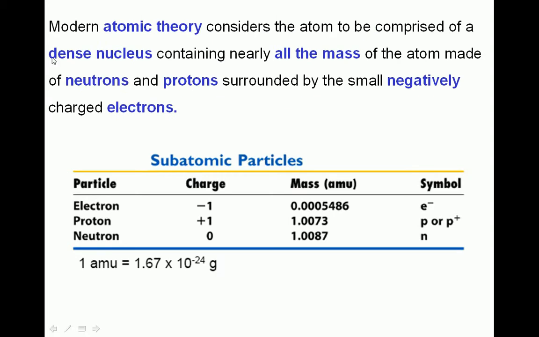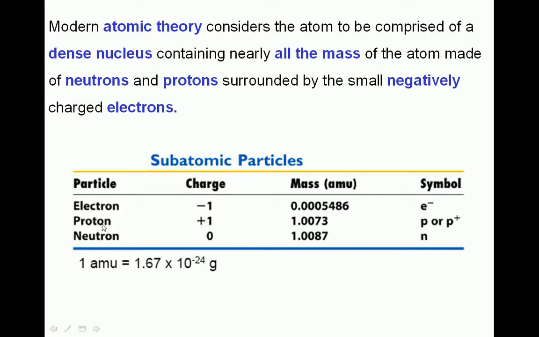However, where modern theory does differ from Dalton's ideas is that modern theory considers the atom to be comprised of two key parts: a dense nucleus, which contains nearly all of the mass of the atom, and that mass is in the form of two particles, neutrons and protons. And then at great distance from this nucleus are small negatively charged particles that have very little mass called electrons.